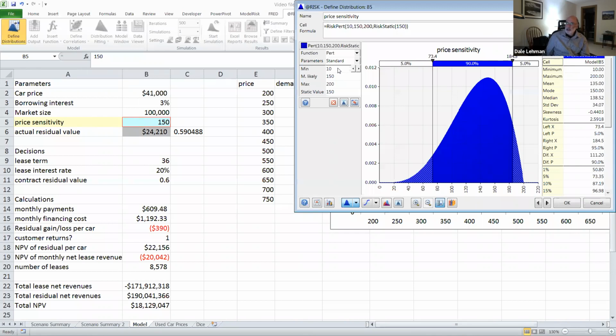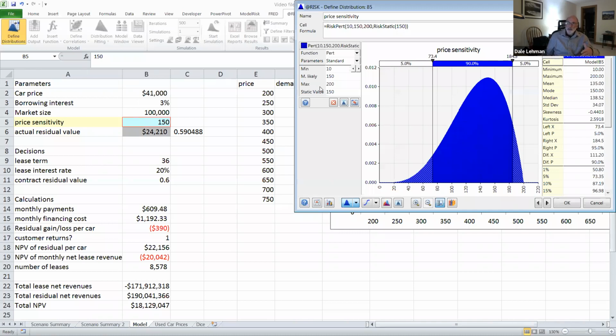And the value of that is that often for subjective judgments, you approach subject matter experts, like somebody in marketing here, to try to tell you how much they think demand is influenced by price. And it's hard to get a reliable estimate of minimum and maximum. How low can the value be? How high? For the same reason that the scenario analysis doesn't work very well when you try to say what is the worst case and the best case.